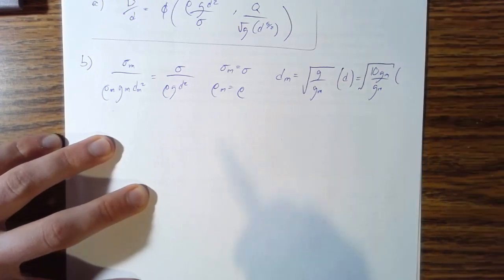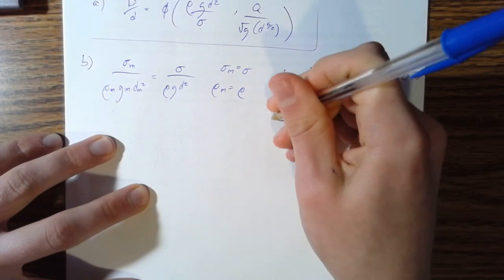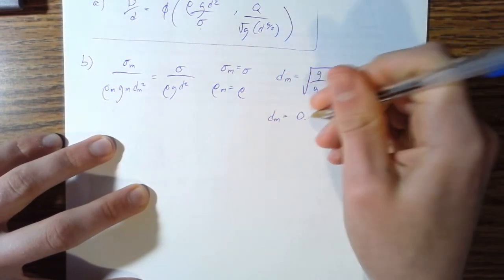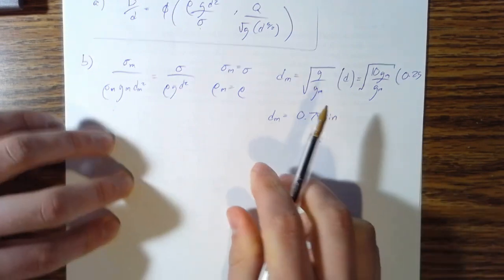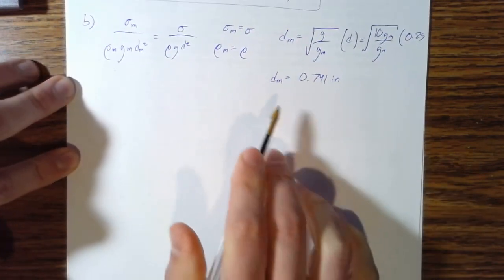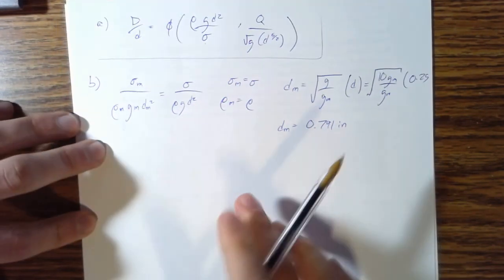And the diameter that we're given for our prototype is 0.25. So the diameter in our model is going to be this. Now we can solve for the flow rate that we're looking for.